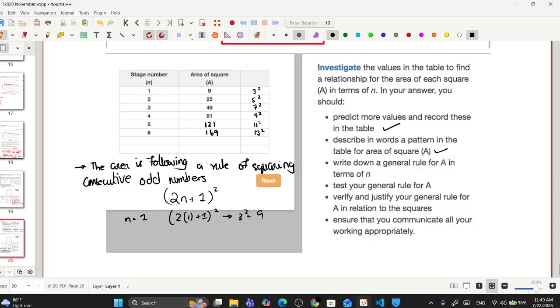And just like that, if I consider n equals 3, I get 2 into 3 plus 1 whole squared. 6 plus 1, which is 7 squared, which is 49. So when n equals 1, A equals 9. When n equals 3, A equals 49. So our general rule is going to be 2n plus 1 whole square. Make sense?